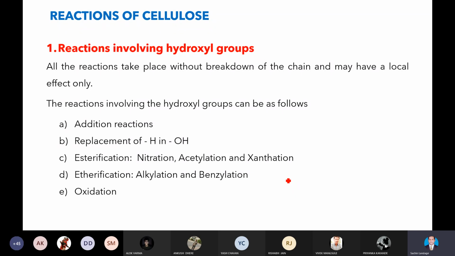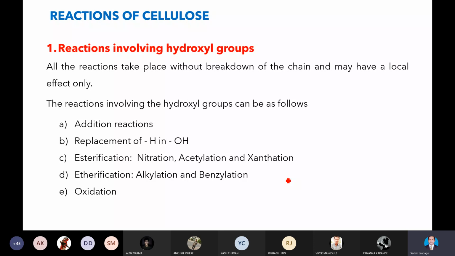So you got the idea where these hydroxyl groups are available. Now these hydroxyl groups will undergo different types of reactions.